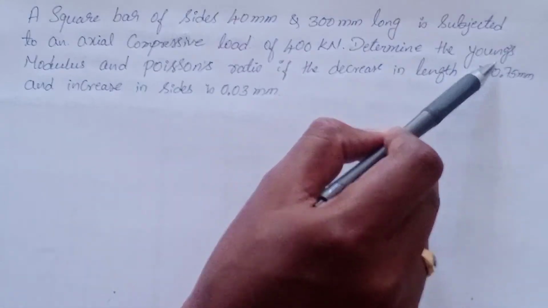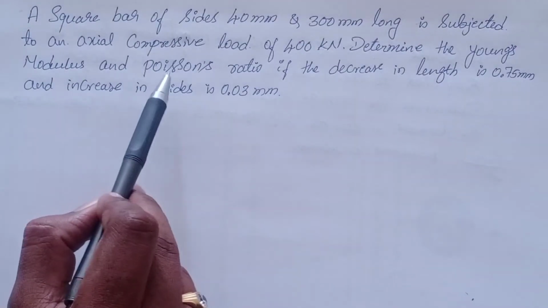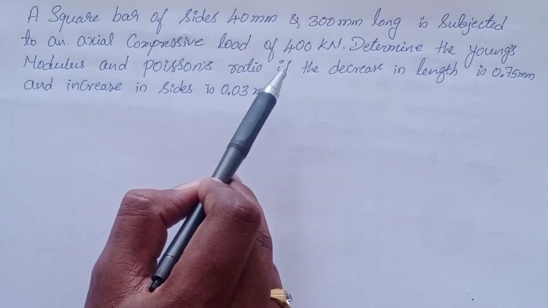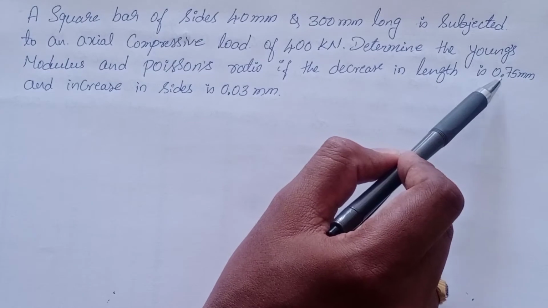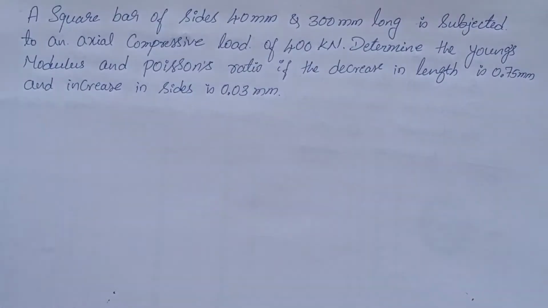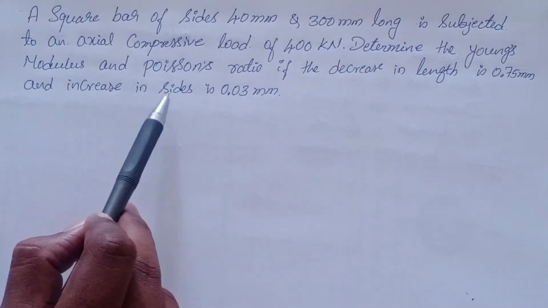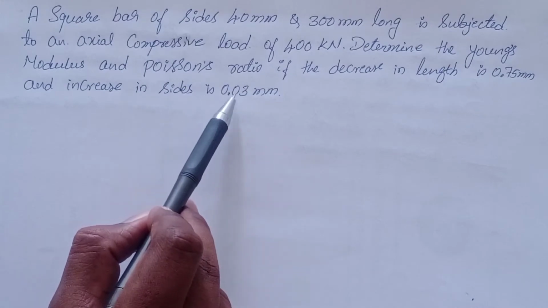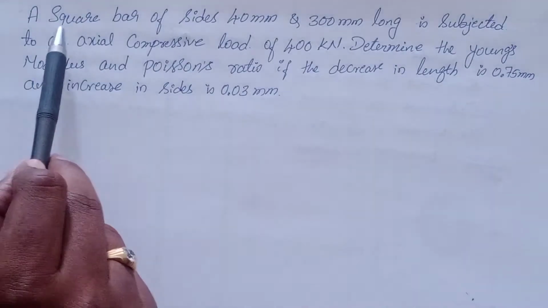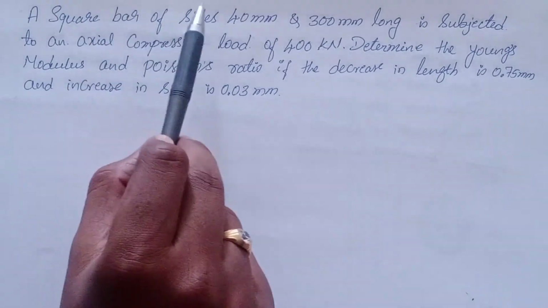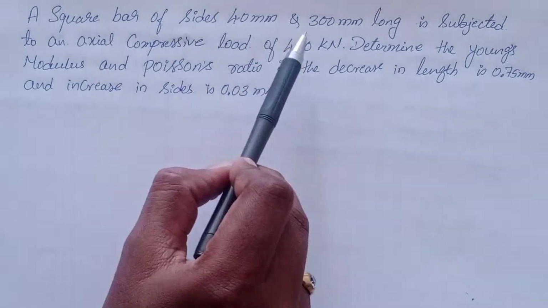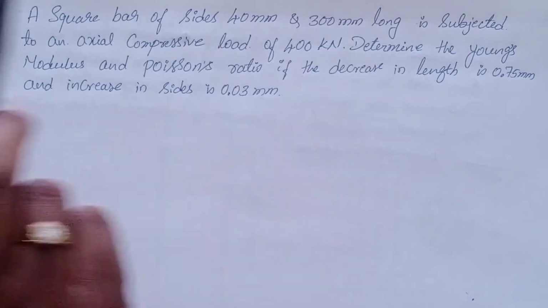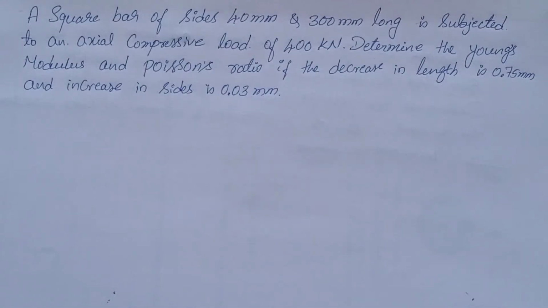Determine the Young's modulus and Poisson's ratio, if the decrease in length is 0.75 mm and the increase in sides is 0.03 mm. Here they are given a square bar. The side of the square bar is 40 mm and it has a length of 300 mm.